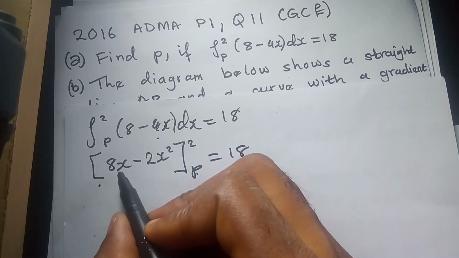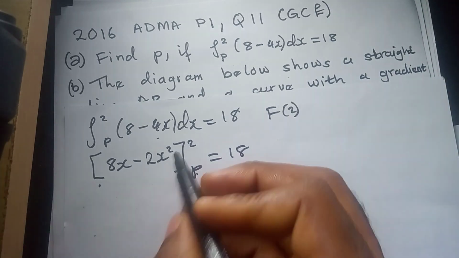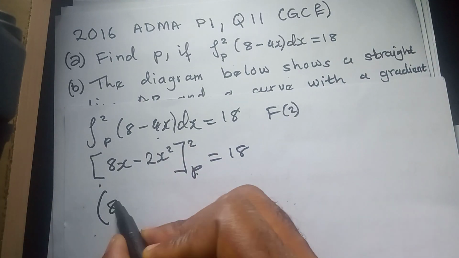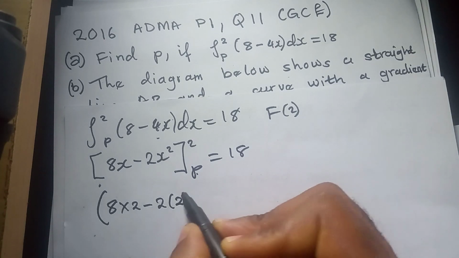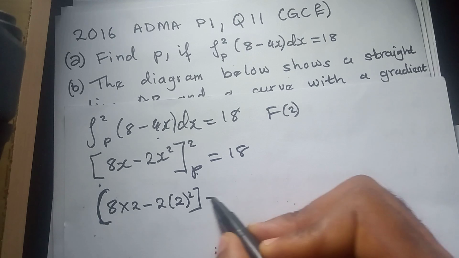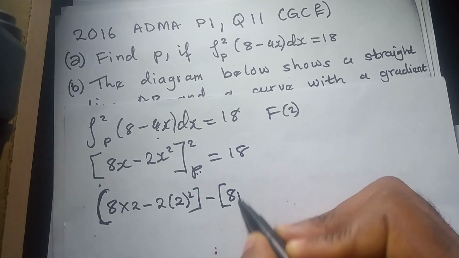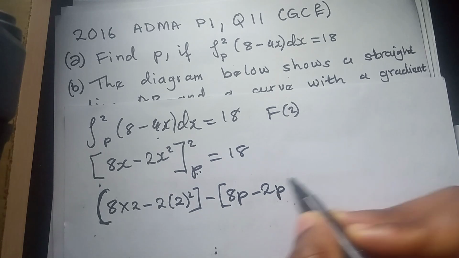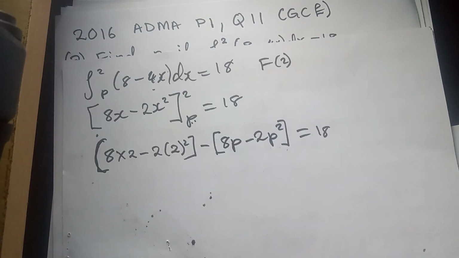So now we can find F of 2, that is capital letter F of 2. So this will be 8 times 2 minus 2 squared. And then we can subtract F of p. So we have 8p minus 2p squared, which is equal to 18.